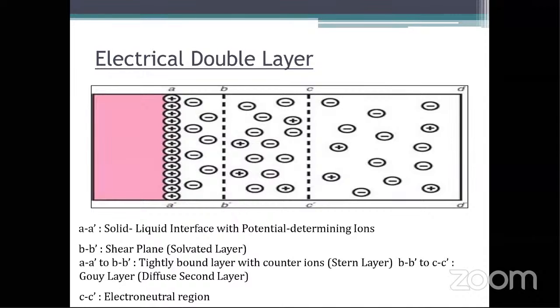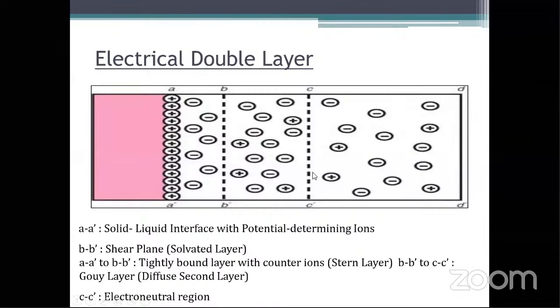So the electrical double layer consists of the tightly bound layer, that is A dash to BB dash, and the diffusive second layer, BB dash to CC dash. Now BB dash possesses negative charge. It indicates the number of anions is more compared to the number of cations adsorbed at the interface.